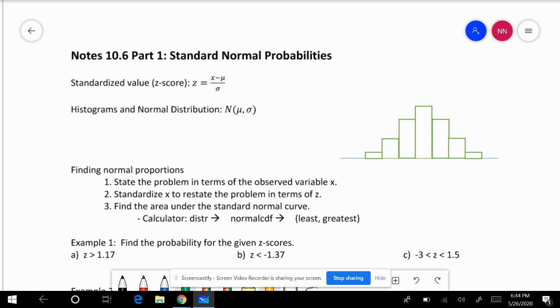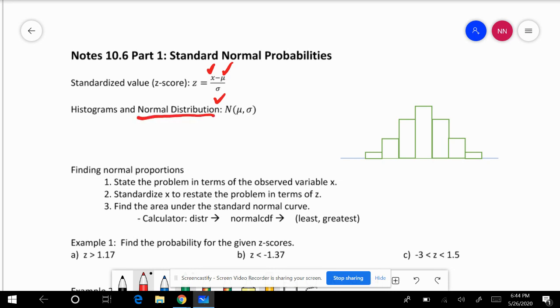We're going to now look at standard normal probabilities, also called a normal distribution. We talked about this last time. Our standardized score, or our z-score, is written as z equals x, whatever our x value is, minus the mean, divided by the standard deviation.